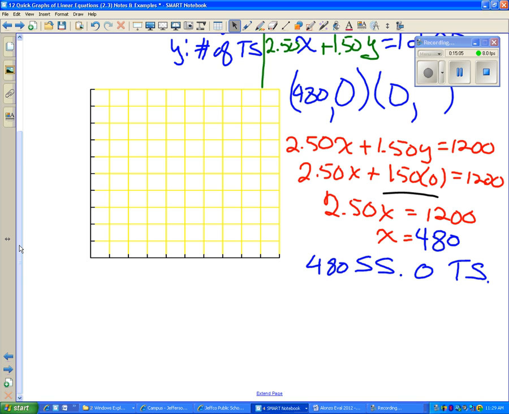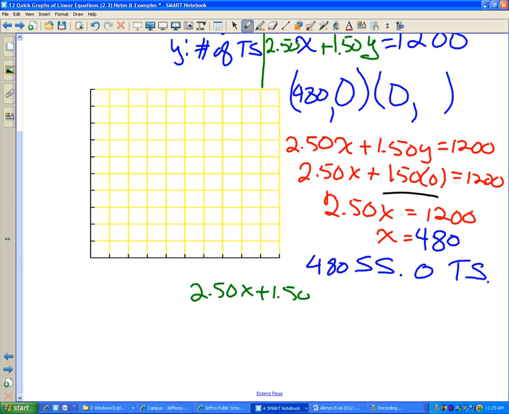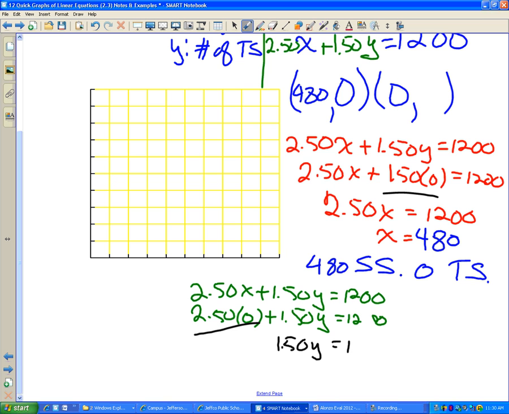I need to find my other intercept. My other intercept is, again, 2.50x plus 1.50y is equal to 1,200. 2.50 times 0 plus 1.50 times y is equal to 1,200. Like earlier, this is 0, so 1.50y is equal to 1,200.